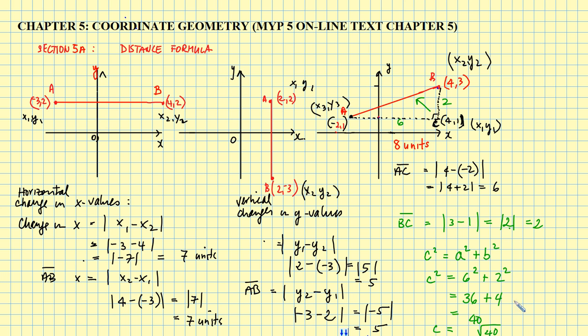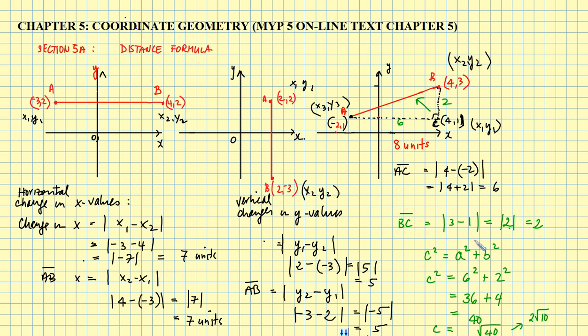And the square root of 40, in terms of simplification, would be equal to 2 root 10. Okay, but in terms of a decimal, the root of 40 would be approximately 6 point something.